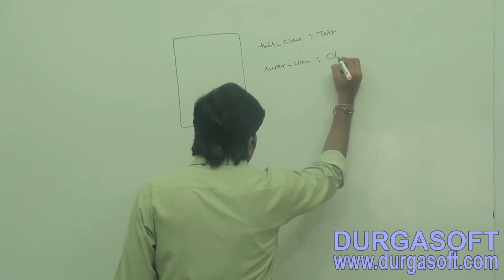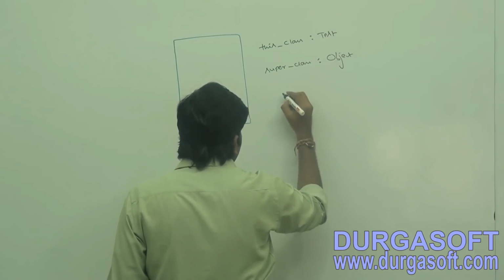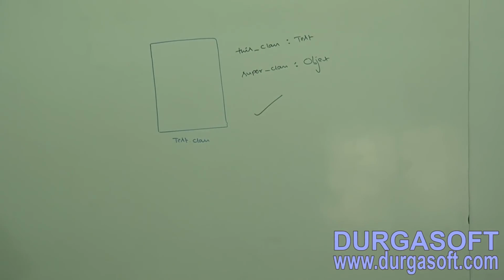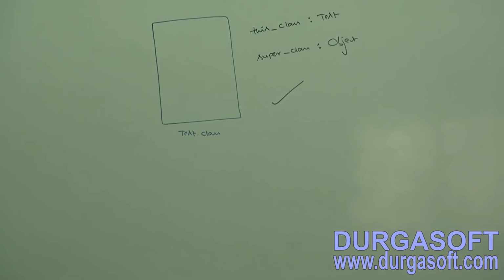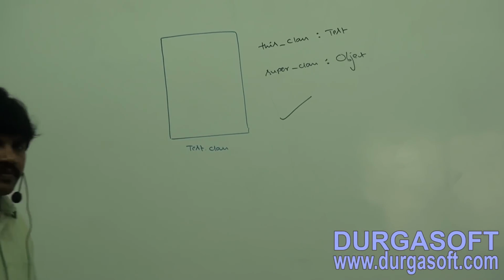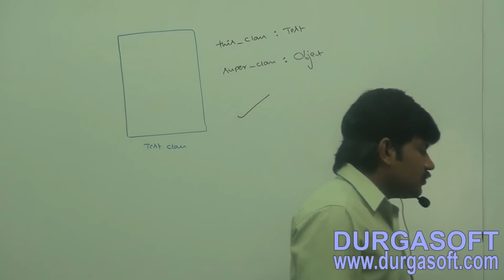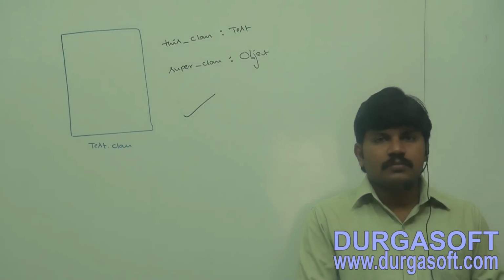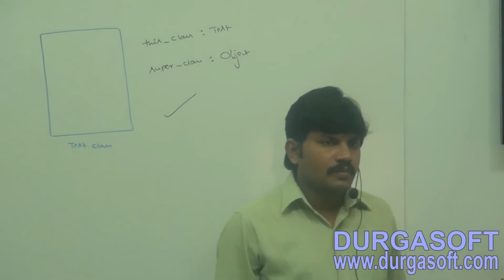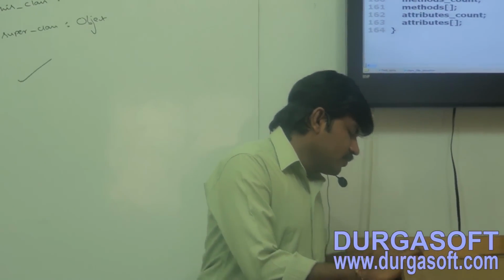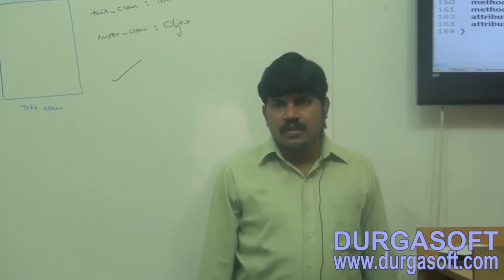Object, java.lang.Object. This class is Test, and the super class is Object. Completed, right?